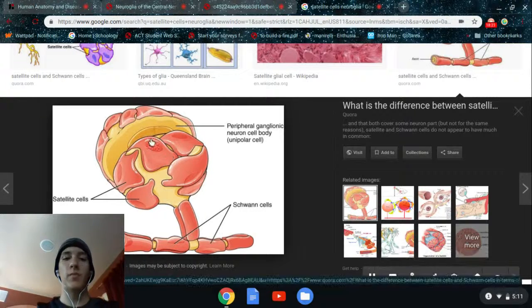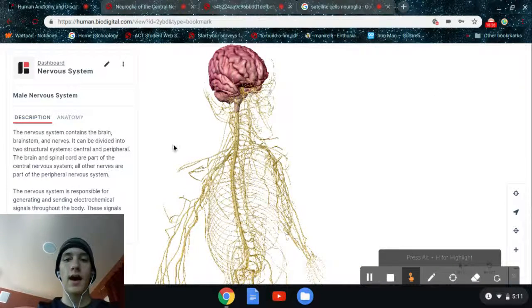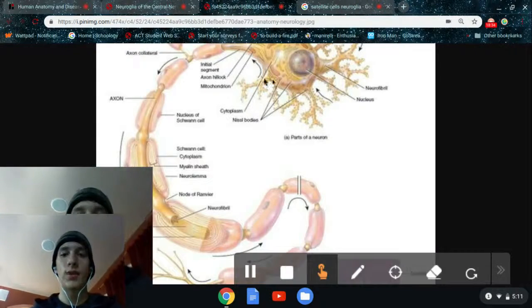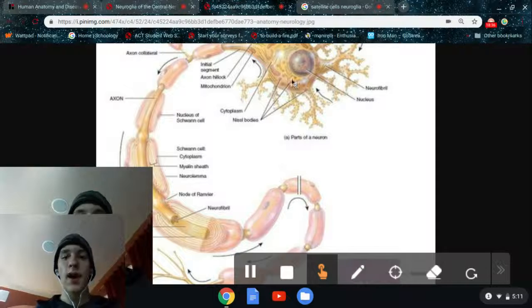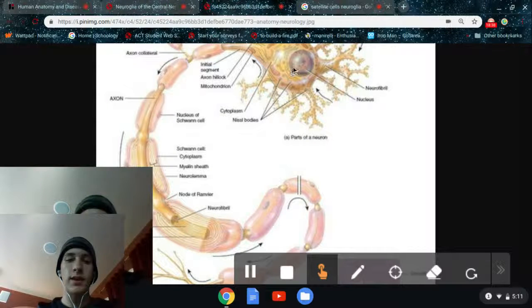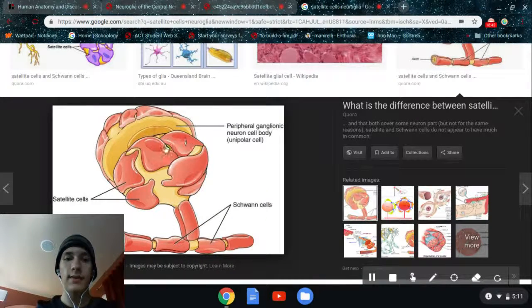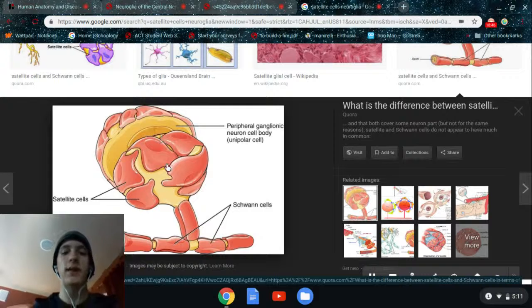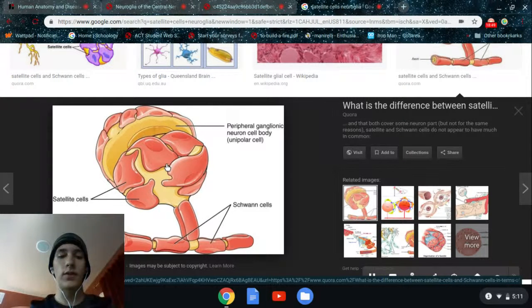On most of your peripheral nervous system, the nerves don't look like this. On a lot of them, the soma is to the side like this, and the axon just kind of goes through, and the soma is just there for life support for the neuron.